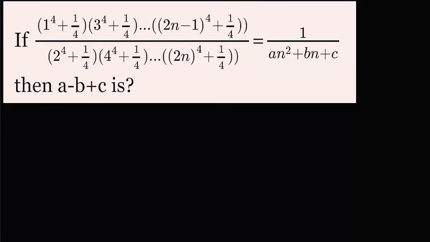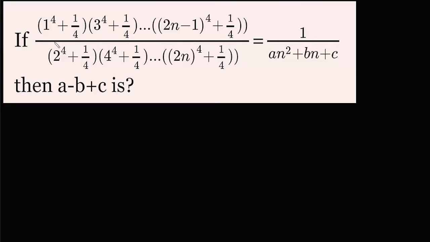We have amazing questions when it comes to cancellation of terms in summation, which is simply known as telescopic summation. But when it comes to cancellation in product, there are very few questions, and this is one of such rare questions. We are given this product of terms in which we have 1 to the power 4 plus 1 by 4, into 3 to the power 4 plus 1 by 4, up to (2n minus 1) to the power 4 plus 1 by 4, upon 2 to the power 4 plus 1 by 4, into 4 to the power 4 plus 1 by 4, up to (2n) to the power 4 plus 1 by 4.